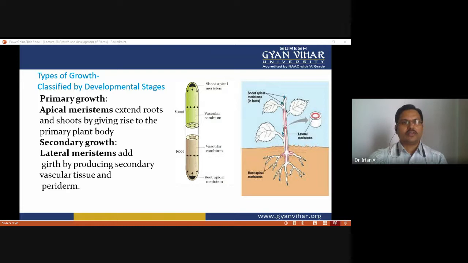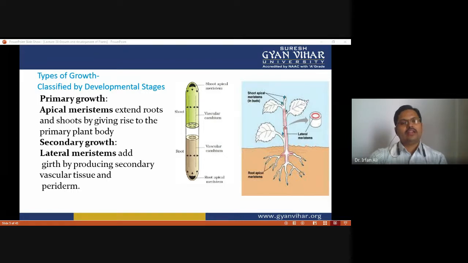In primary growth, the length of the plant increases, and in secondary growth, the girth of the plant increases. In primary growth, the apical meristem extends root and shoot, giving rise to the primary plant body. You can see in this example that the plant increases in length; this is due to primary growth.